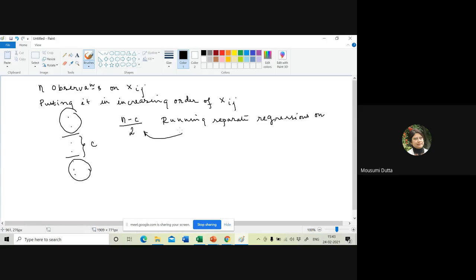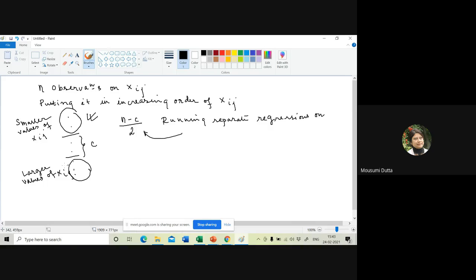So when we run two separate regressions, we generate RSS1 and RSS2. Remember that here the observations have been presented in increasing order. So this group gives you the smaller values of xij, and this set is based on larger values of xij.